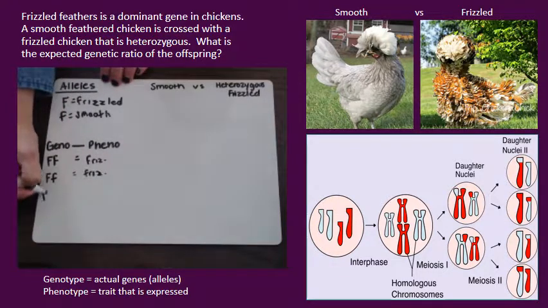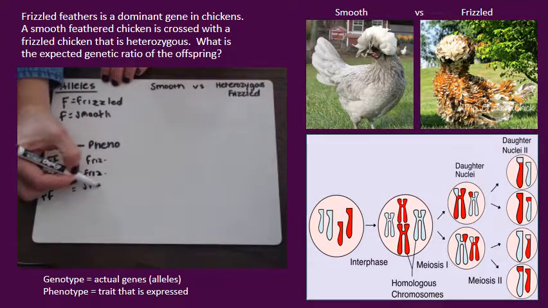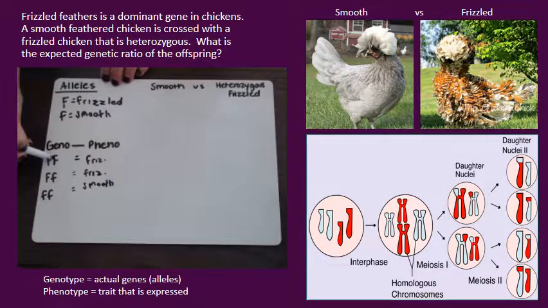And if I have two lowercase f's, that is the genotype homozygous recessive, which would be smooth. So just in case you missed it, capital F capital F is homozygous dominant, frizzled. Heterozygous, capital F lowercase f, means I have a frizzled allele and a smooth allele, which would be frizzled feathers, and homozygous recessive would be smooth.